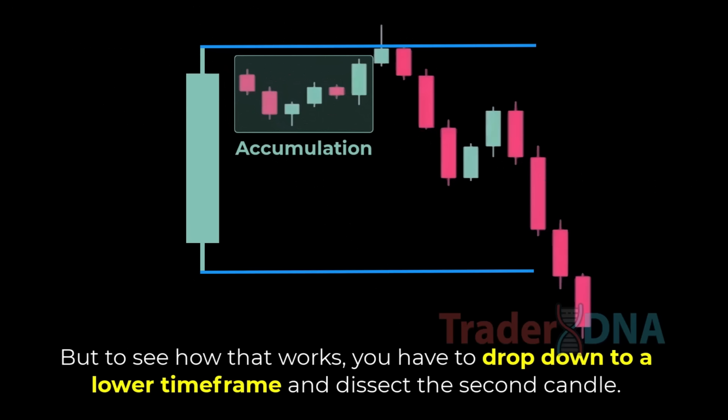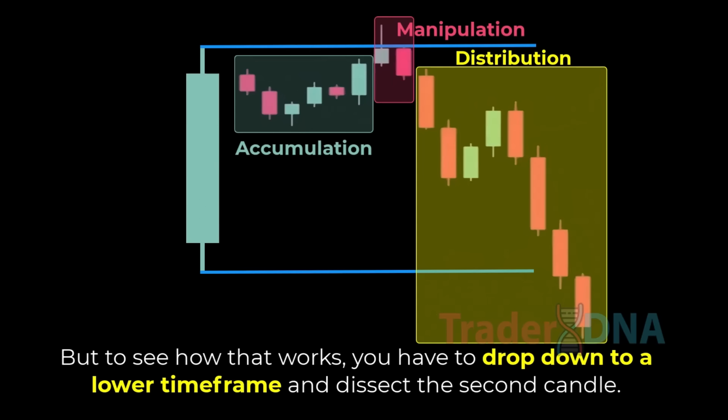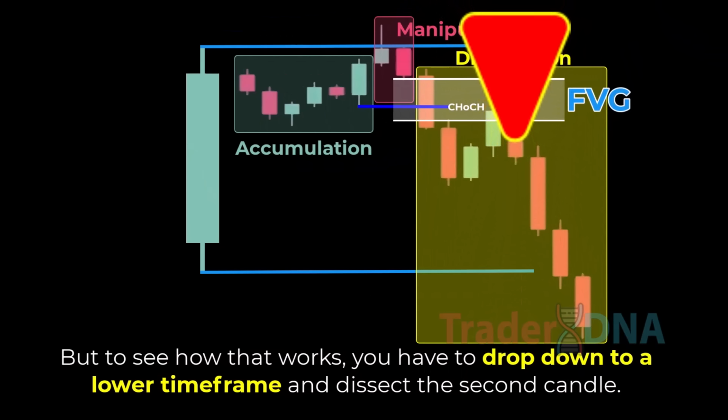You'll see a small accumulation phase, then a liquidity sweep, manipulation, then a push down, distribution. It's fractal. And from a market structure perspective, after that liquidity sweep, price creates a clear change of character, a CHoCH. That break signals momentum shifting bearish. Then price uses the bearish fair value gap, the FVG, as a catalyst, as fuel to drive into the candle range low.